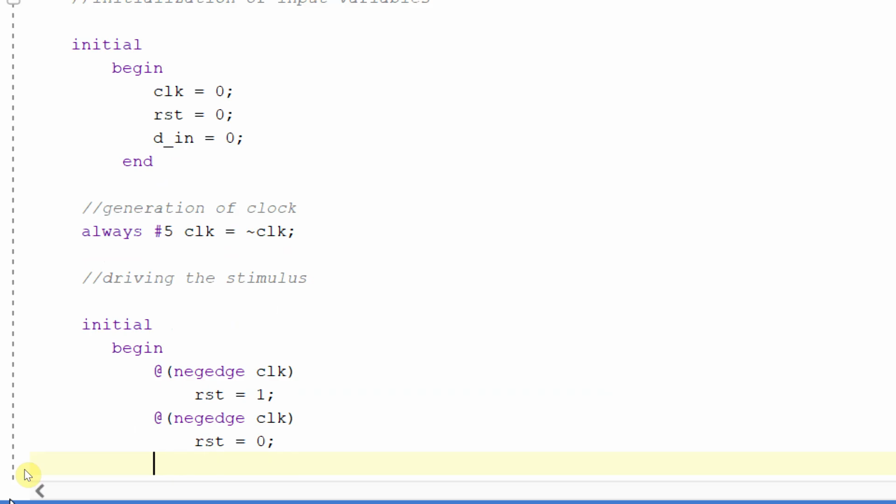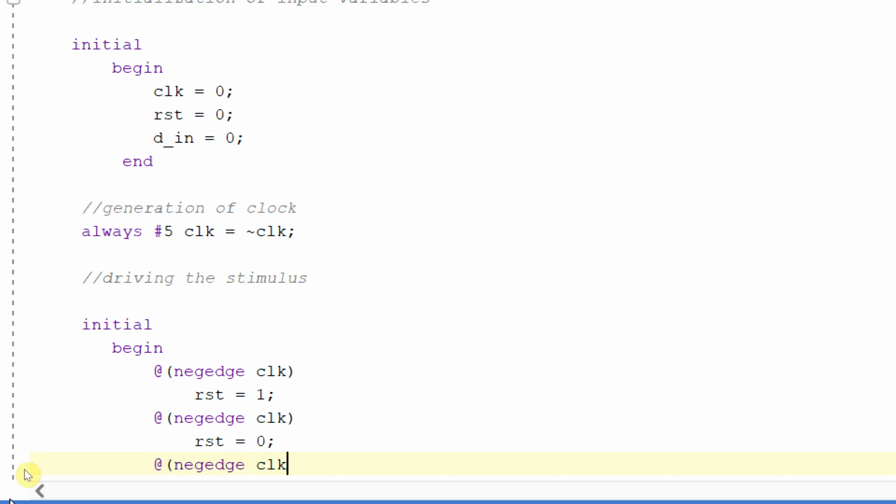When you are simulating, nothing will happen with setup and hold violations because the tool will take care of that. But as good practice, when you are developing a test bench, you should keep all the setup time and hold time conditions in mind.